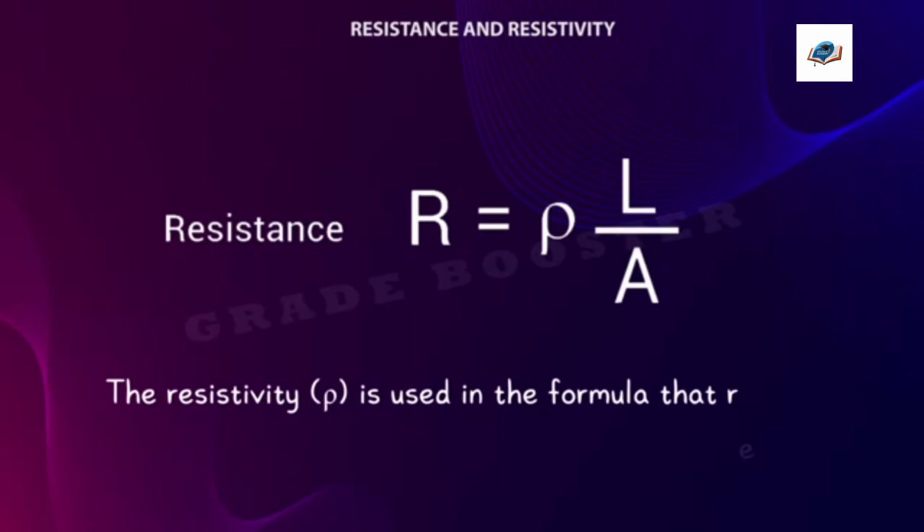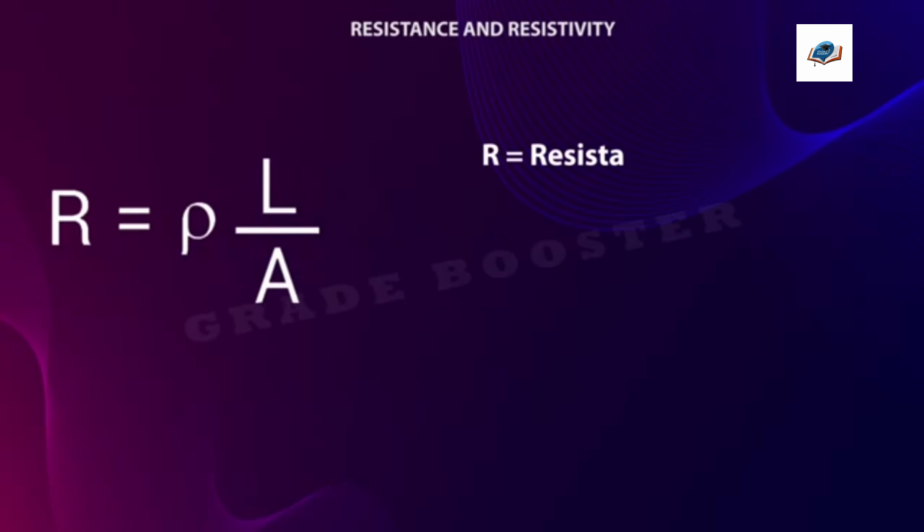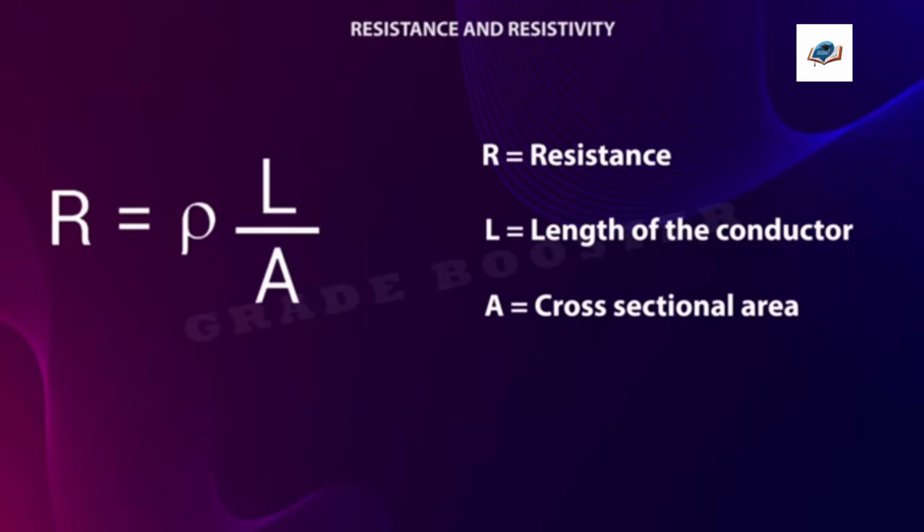The resistivity ρ is used in the formula that relates the resistance R of a conductor to its length L and cross-sectional area A. R equal to ρ into L by A. In this formula, R is the resistance, L is the length of the conductor, A is the cross-sectional area, and ρ, resistivity, shows how much the material itself opposes the flow of current.